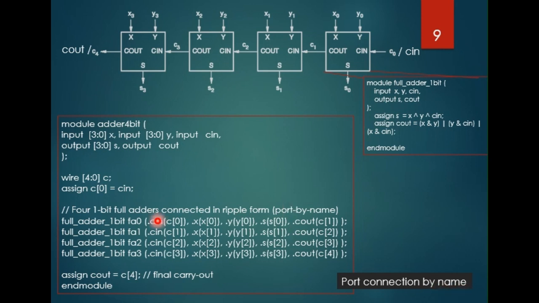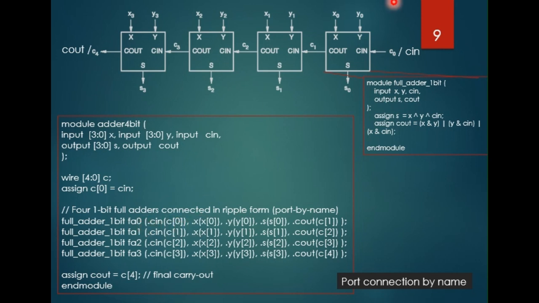For example, here you write the port name Cin inside the block of the instance. Dot Cin refers to the port name Cin. And in the bracket, put the top level signal you want to connect to that port. So the first instance connects C0 to port Cin: you write the port name first, dot Cin, connected to top level signal C0.